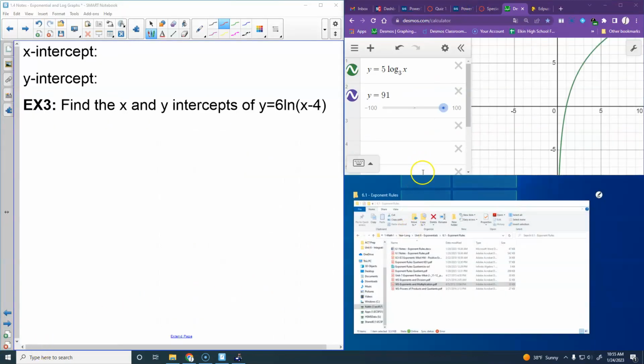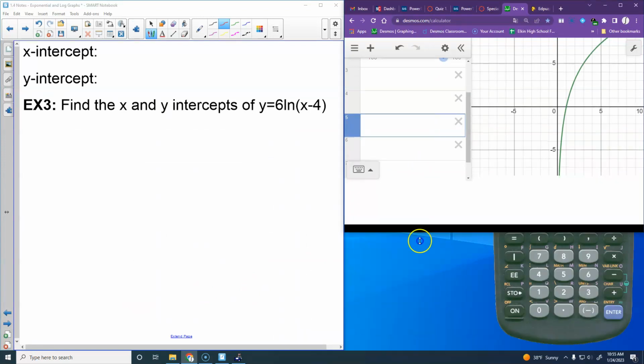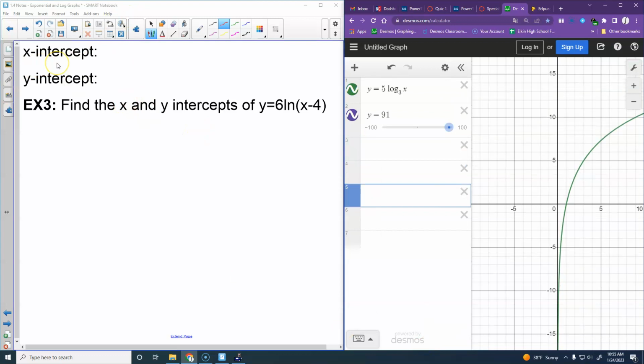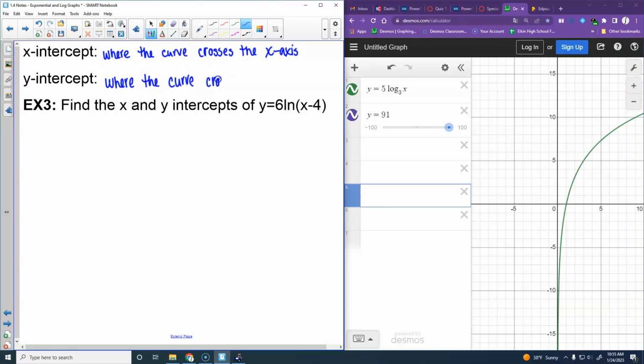So, the x-intercept is where the curve crosses the x-axis, and the y-intercept is where the curve crosses the y-axis.